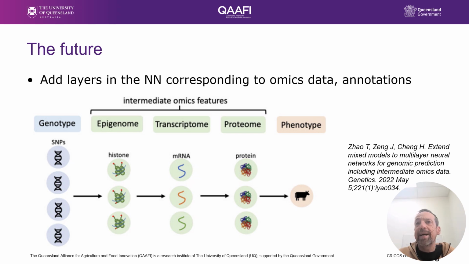And a paper by Zhao et al. proposed a way to do this by considering these different omics features as different layers in their neural network. And they showed a benefit from doing that. You could also think about including genome annotations, whether a SNP is in a coding region or non-coding, controlling gene expression, regulatory region, and so on.